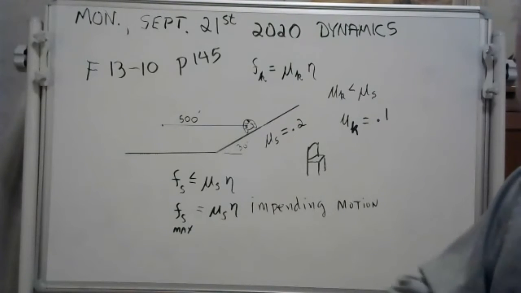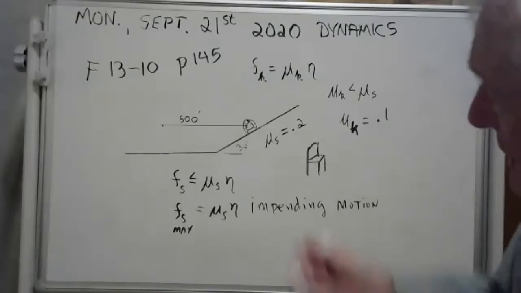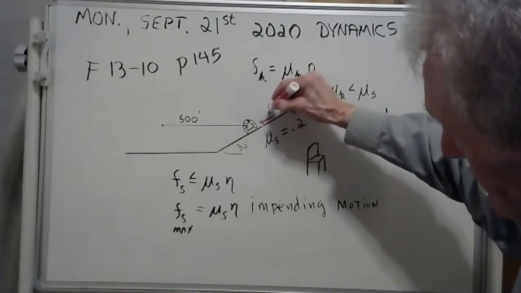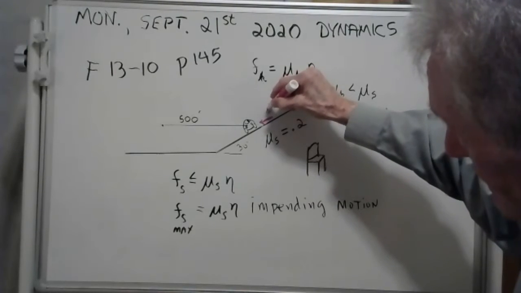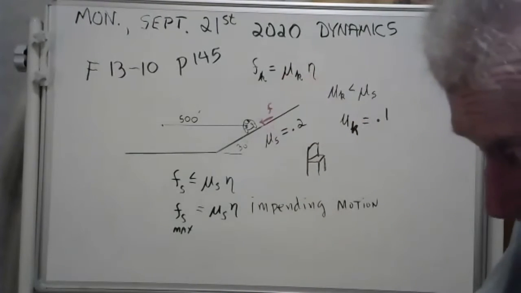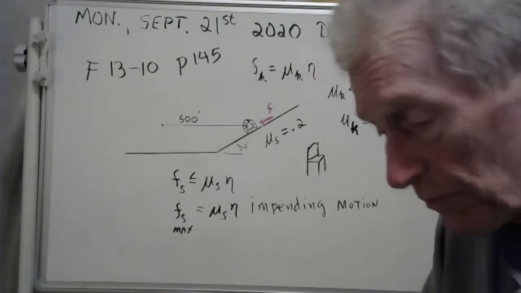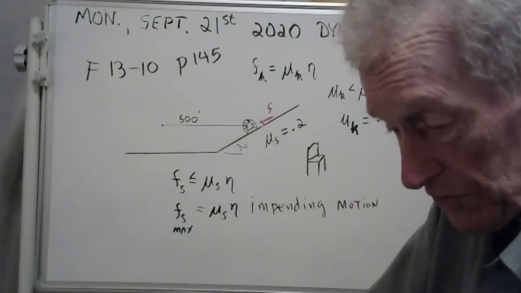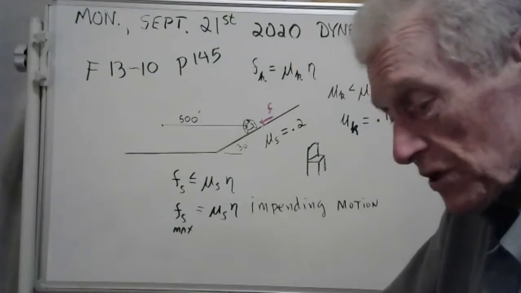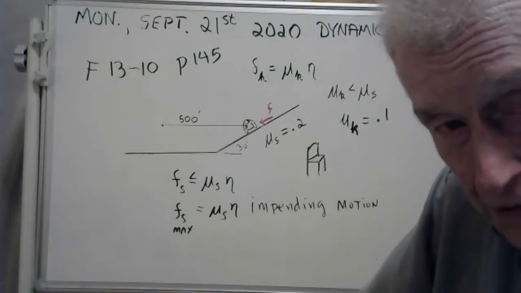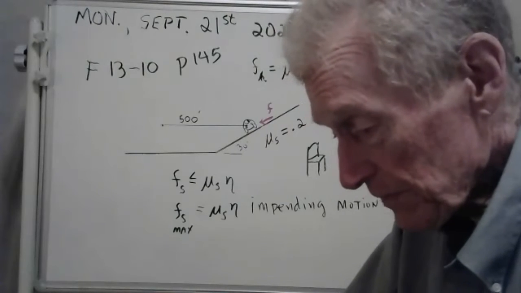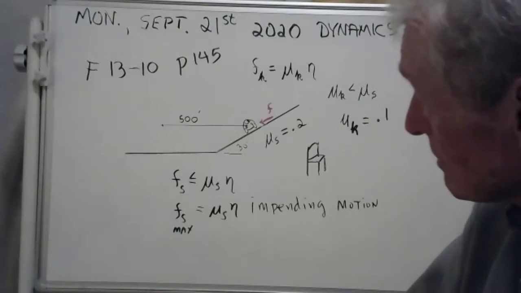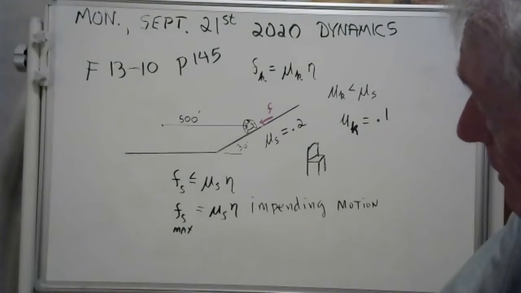So the frictional force is doing this. And you know where it comes from? It comes from the road surface, maybe asphalt or concrete, I don't know, pushing on his rubber tires. There's a lot of static friction there. Okay, good. Well, we understand all that.